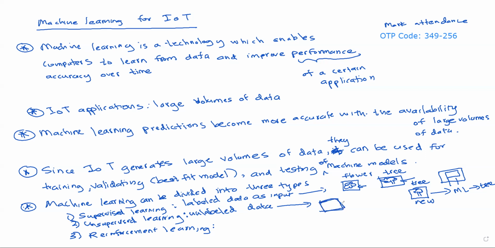For example, we have data regarding the location of a certain device. So we might have the location data of some devices, but we don't have any other data that says whether this location is correct or wrong, some judgment.